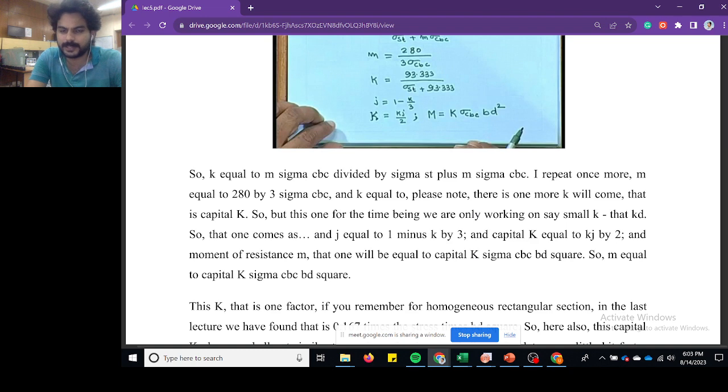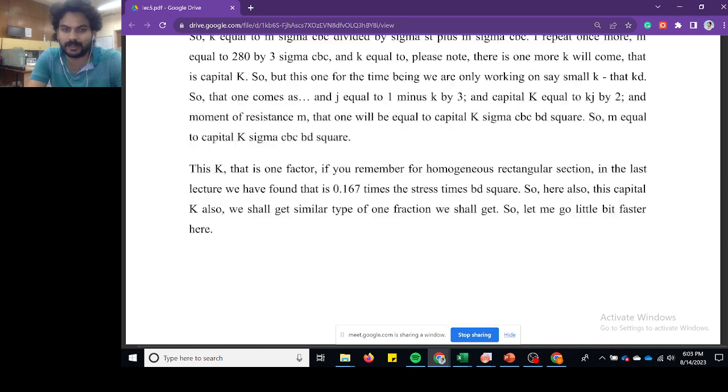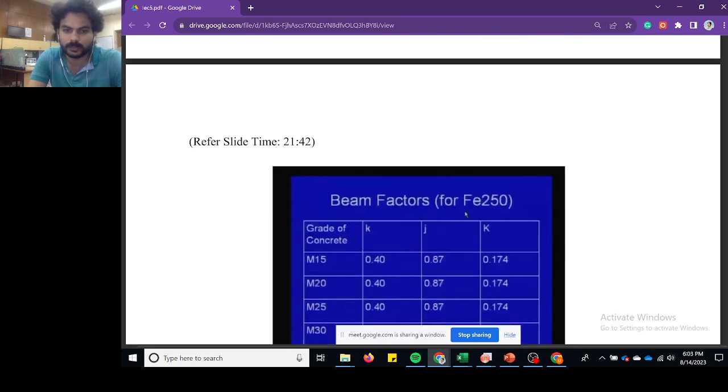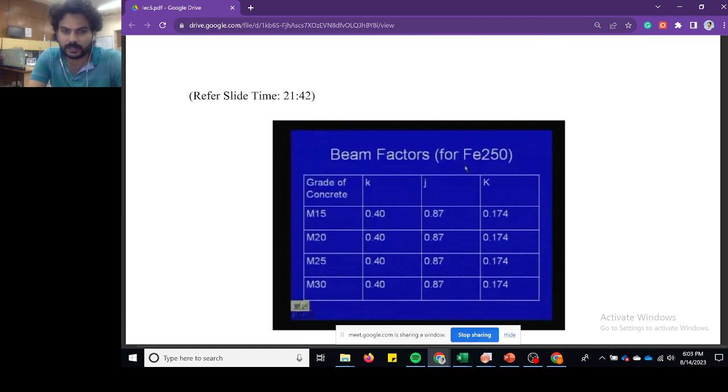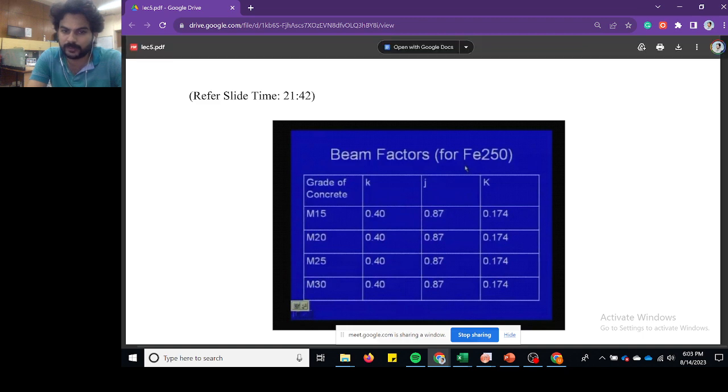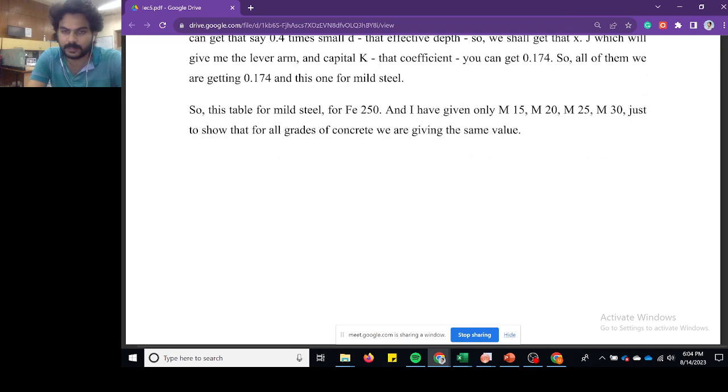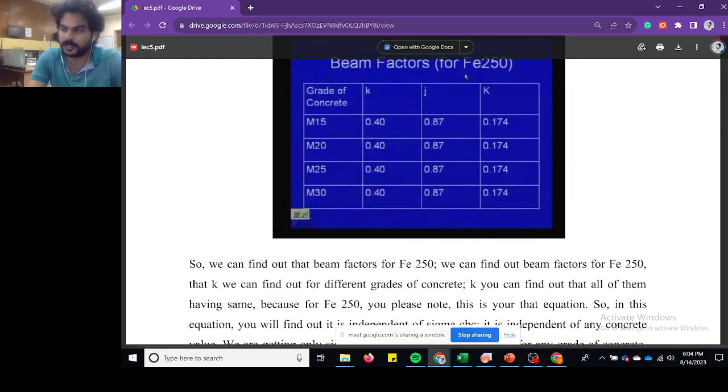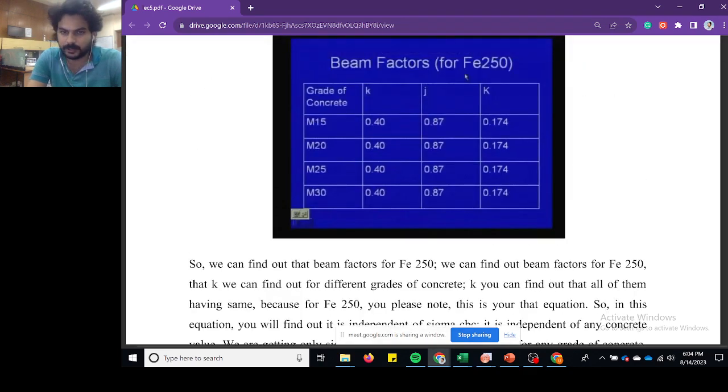So we'll see this in some solved examples also. This is also explained, the different values of K, J and R for M15, 20, 25, 30 you can directly use from the tables, and this is used to design any member using the working stress method.